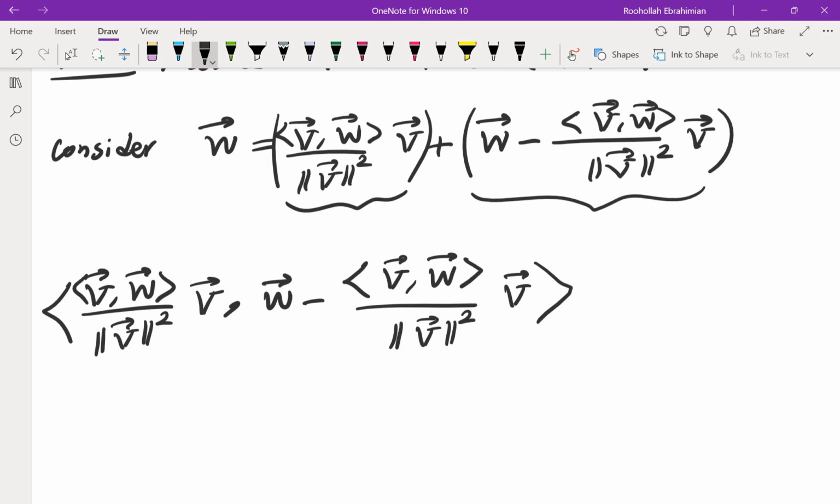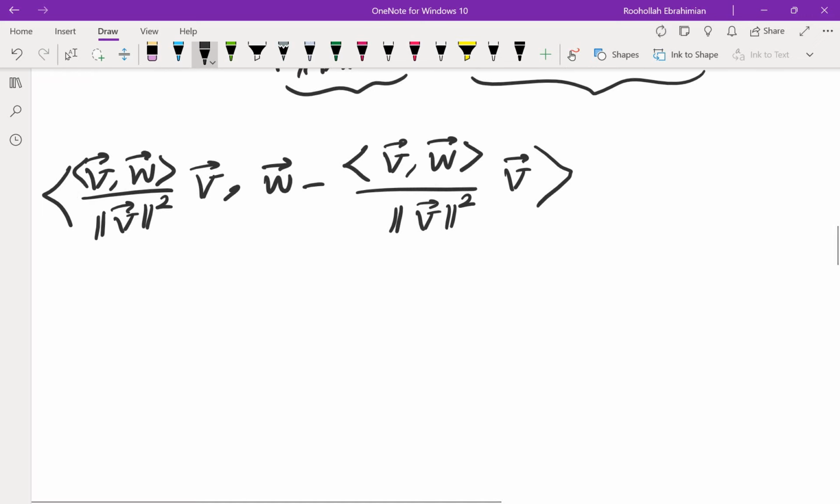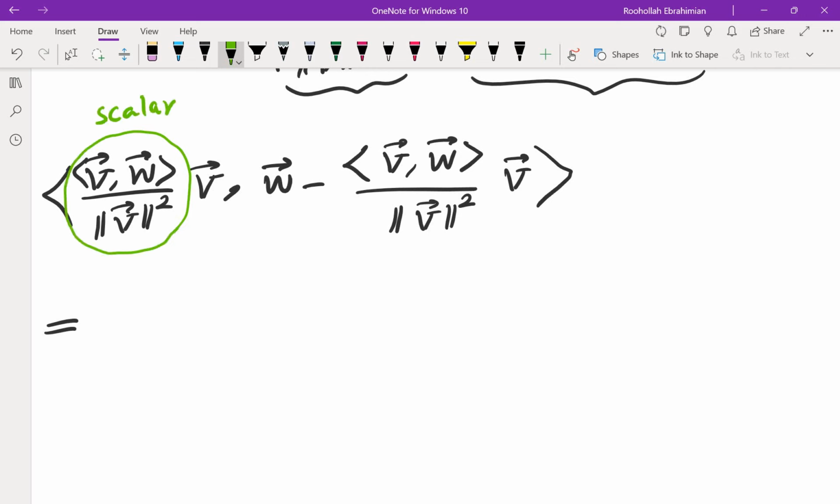Hopefully this ends up being 0, and if we can show that this is 0, then we should be basically done. So this is equal to, we'll use linearity. We take out, so notice that there's actually some constants here. This is a scalar, well, not constant, scalar I mean. So this is a scalar, this is also a scalar. So those would come out.